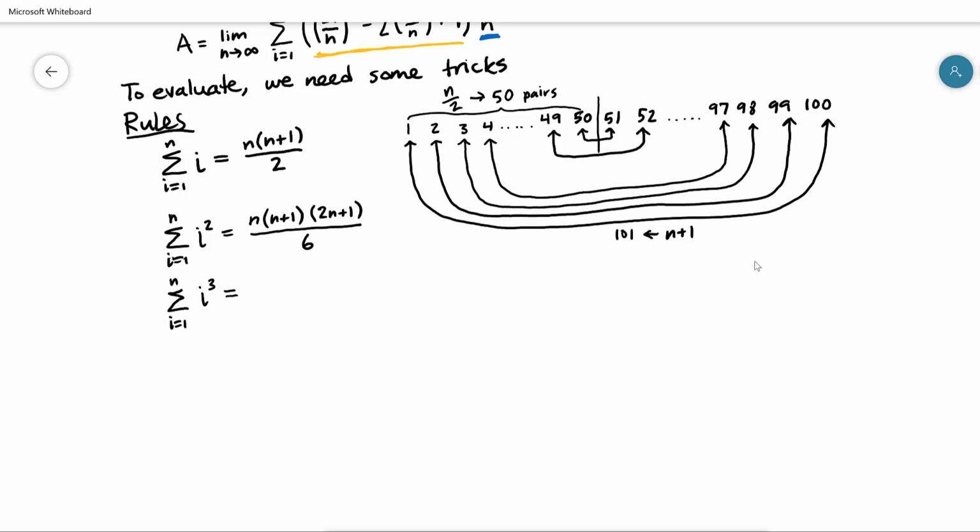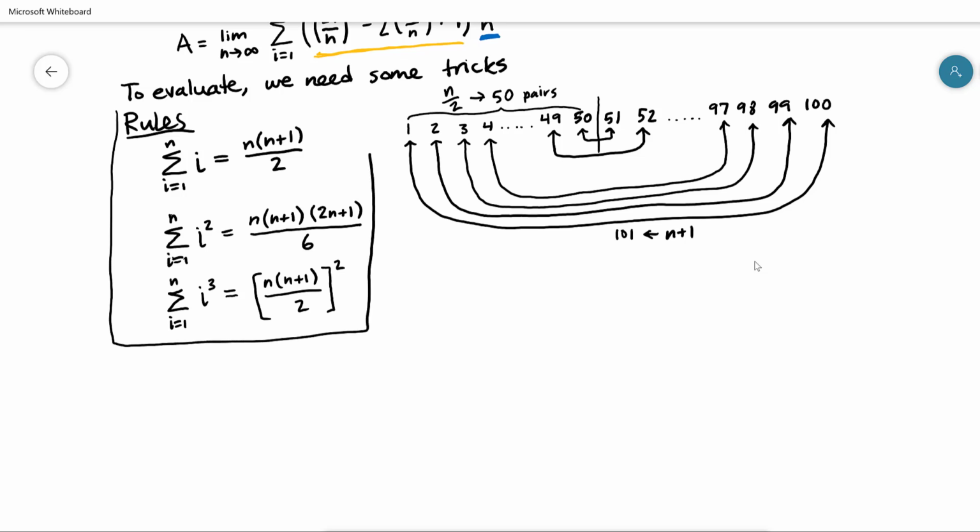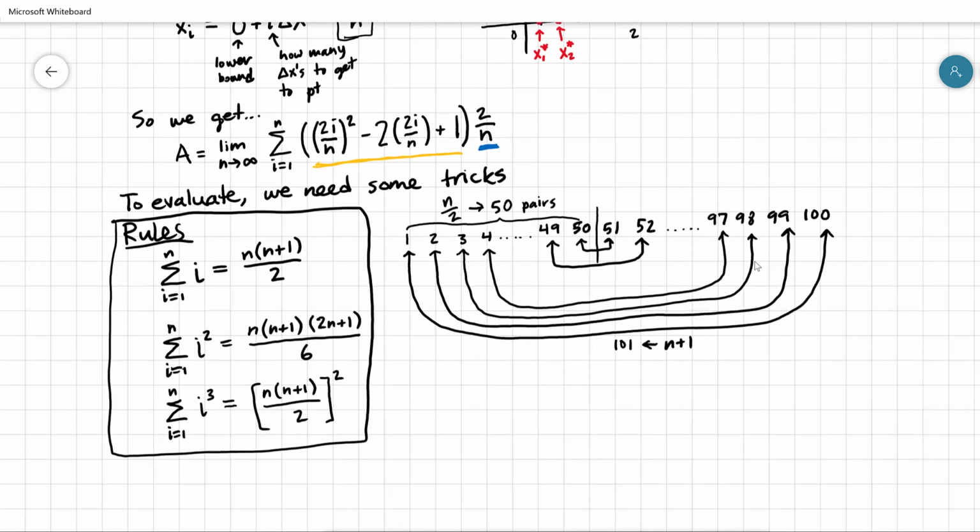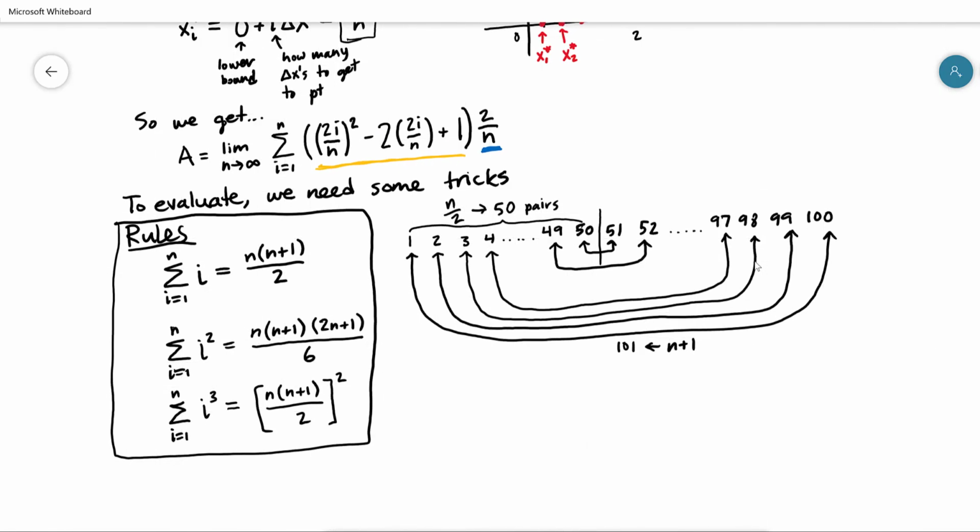In that case, you wind up getting something that looks like this. It's n times n plus 1 over 2, whole thing squared. So these are going to be some formulas that we're going to be using to evaluate this ugly mess that we've come up with right here.